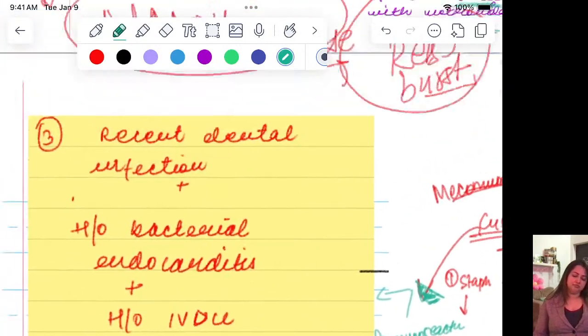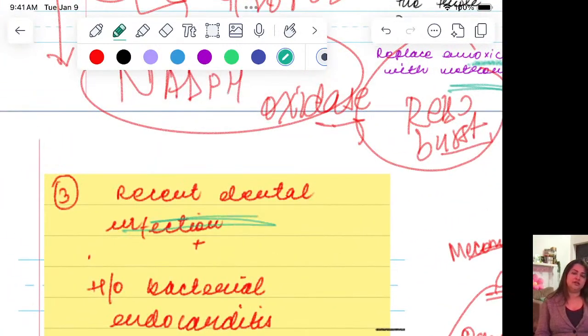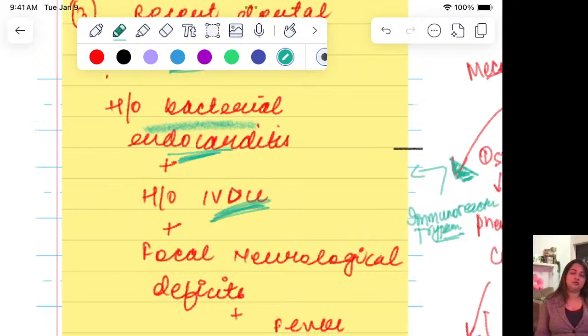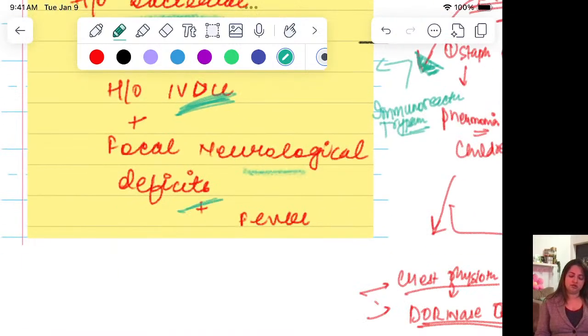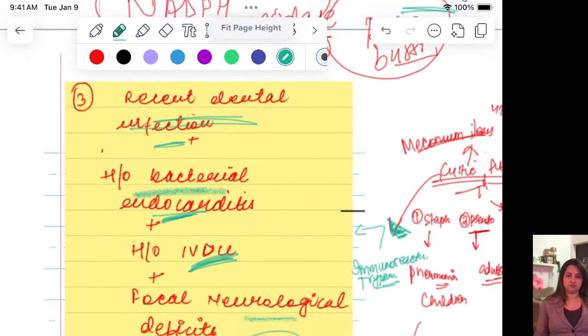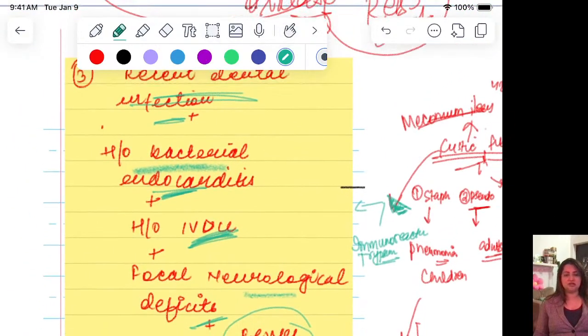So look at this. Patient having recent dental infection, history of bacterial endocarditis, history of IV drug abuse, focal neurological deficits, and fever. What is the diagnosis here? So the patient is having recent dental infection, bacterial endocarditis, all these features.